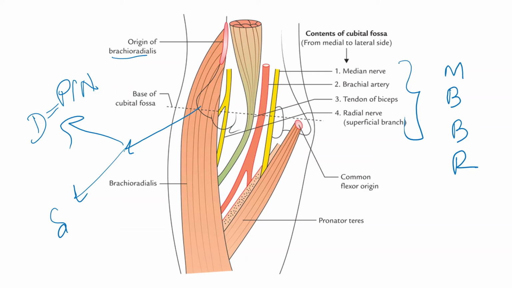This deep branch of the radial nerve leaves the fossa by passing in between the fibers of the supinator muscle. So this is about the contents of the cubital fossa.